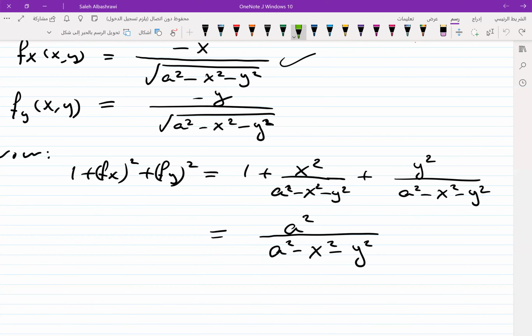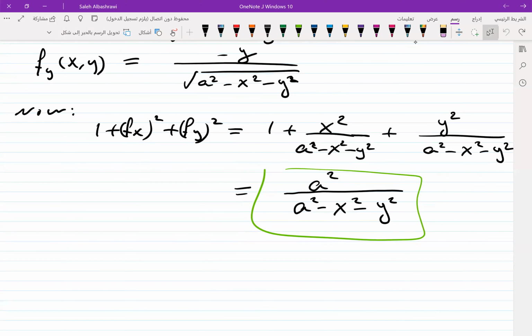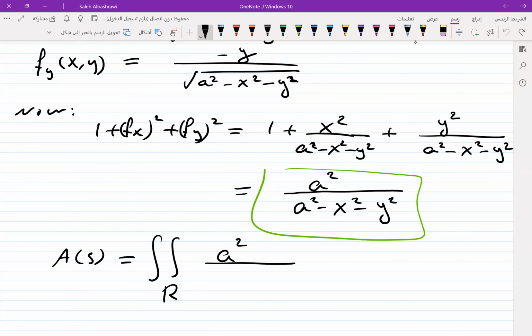So this will be our function. We're going to integrate this one. So the surface area AS will be the integration over R of the function a squared divided by a squared minus x squared minus y squared, dA.